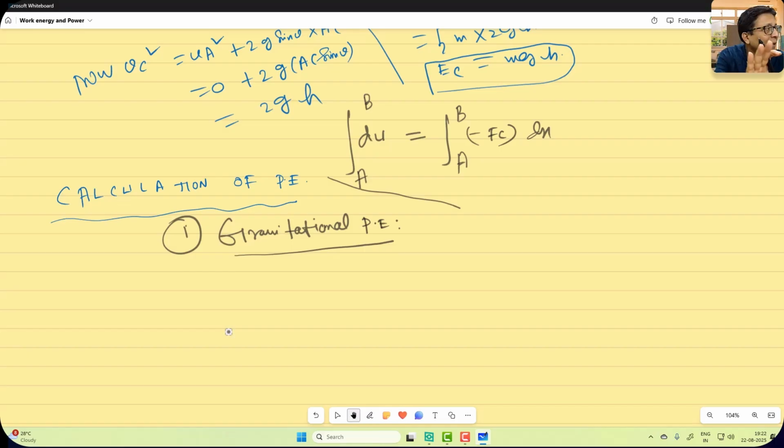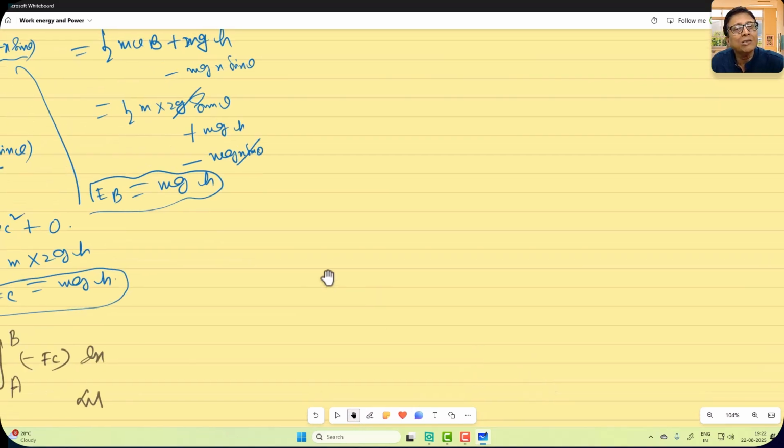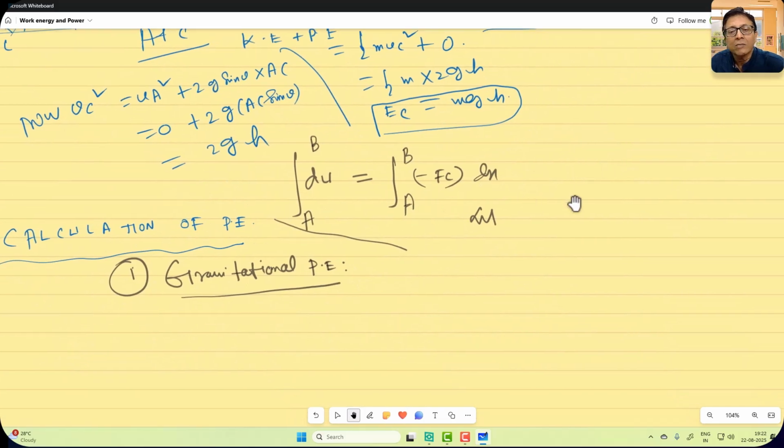So whenever you are going to calculate, one thing you remember, let there be a force F dash equal to minus Fc, where Fc is the conservative force.